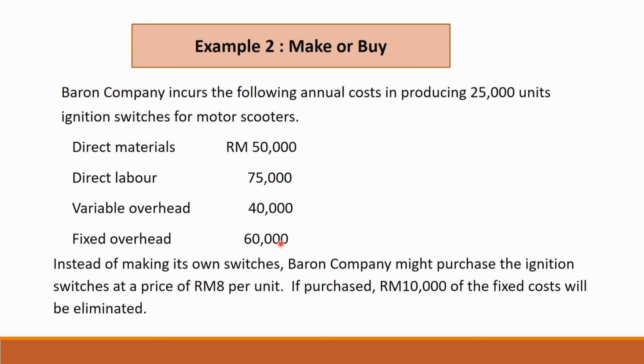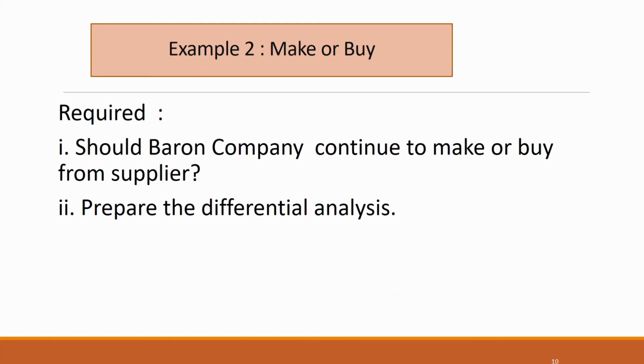So we just record the relevant cost for direct material, direct labor, variable overhead and fixed overhead, only 10,000. Required: should parent company continue to make or buy from supplier? And number 2, prepare the differential analysis.